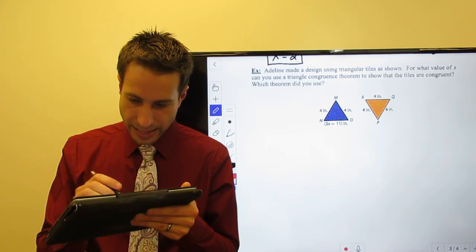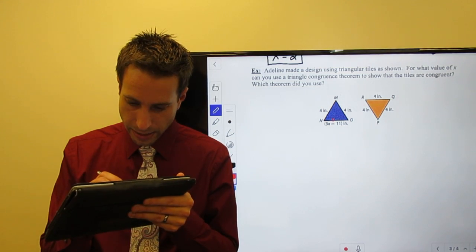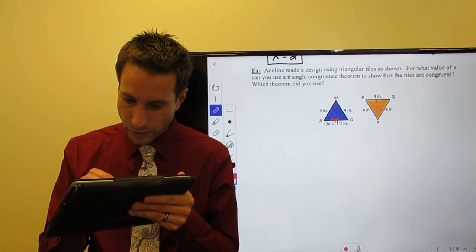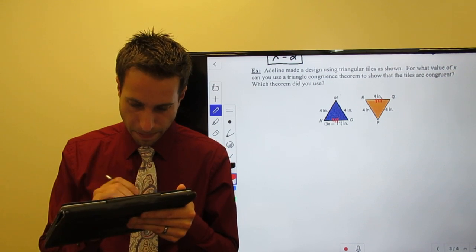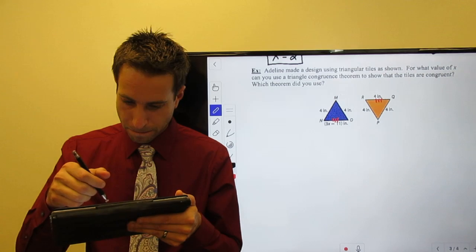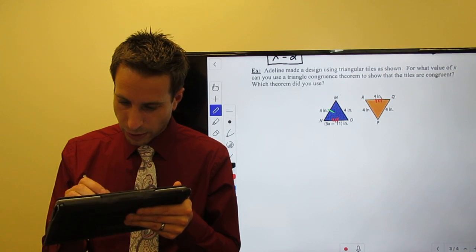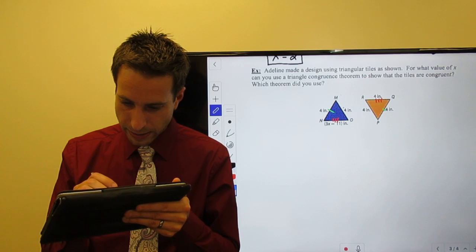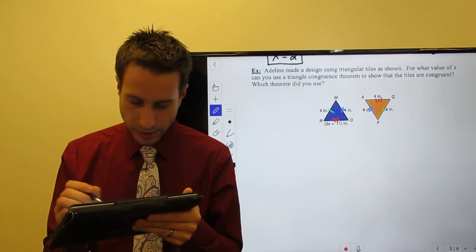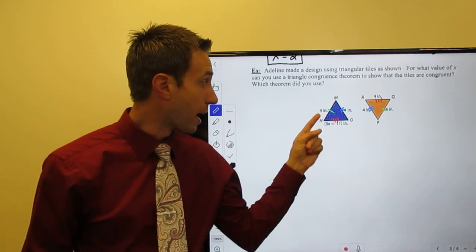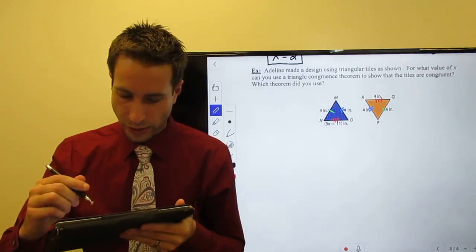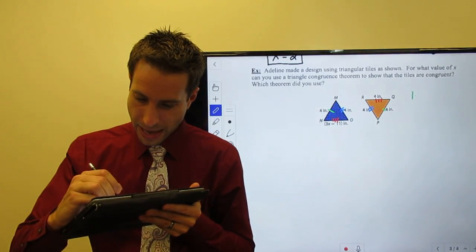So I see that this side needs to be congruent to this side. This side needs to be congruent to this side, and this side needs to be congruent to that side. And they are, 4 inches, 4 inches. Okay, great. So here we go. Let's write all that down.